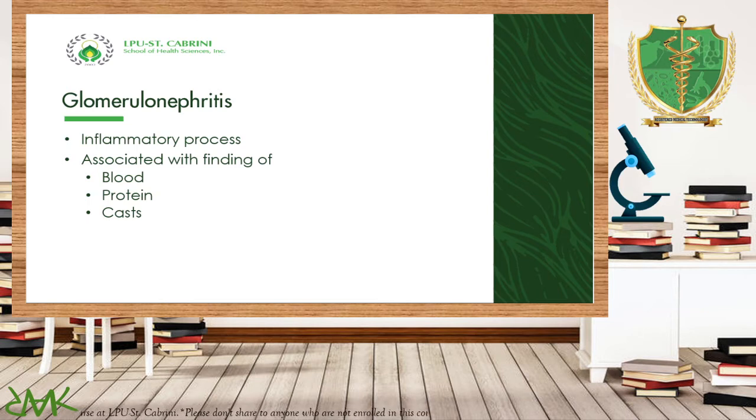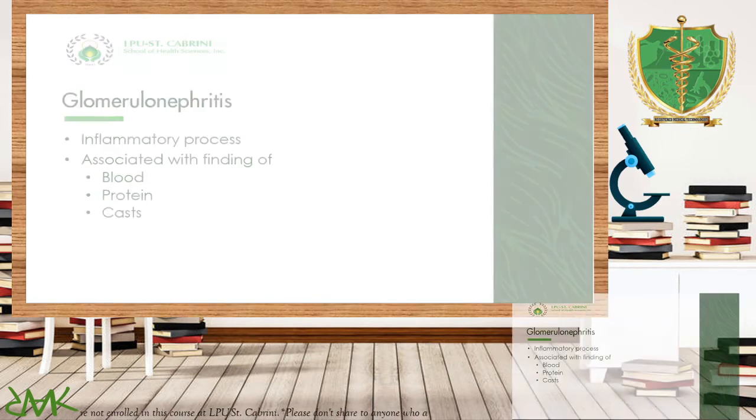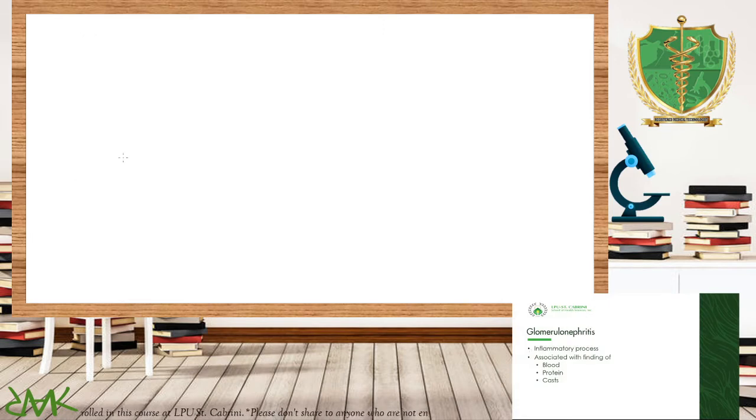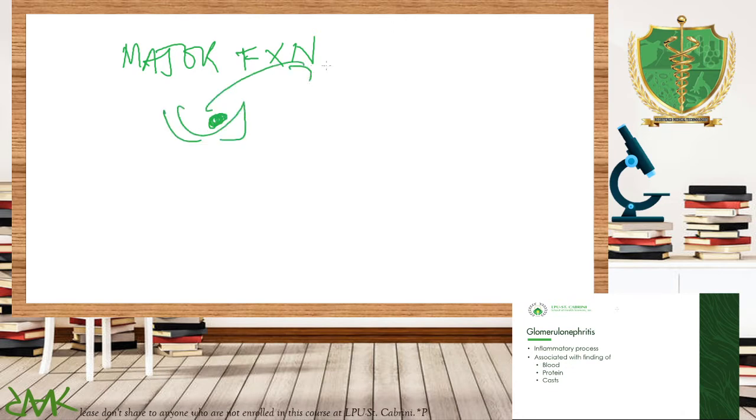Now, glomerulonephritis is associated with these three findings: blood, protein, and cast. Why is glomerulonephritis associated with blood, protein, and cast? As we all know, the major function of our glomerulus is to filter blood.